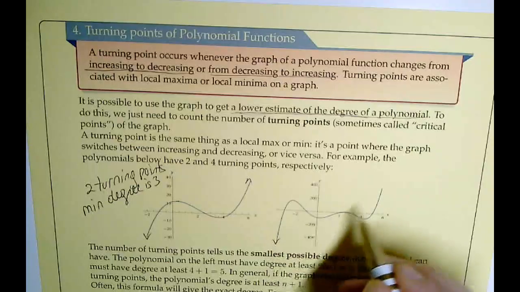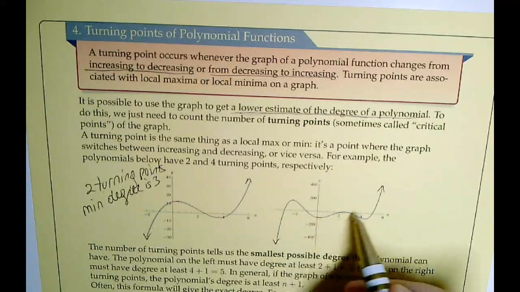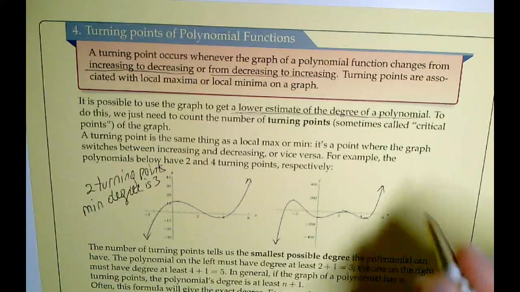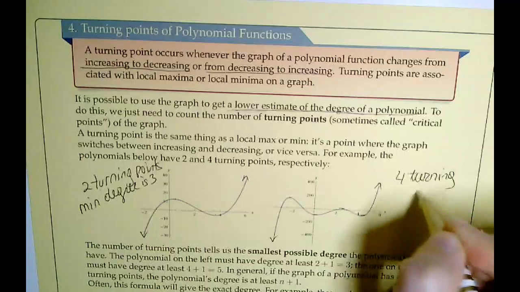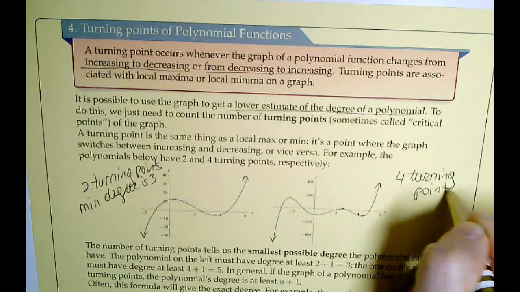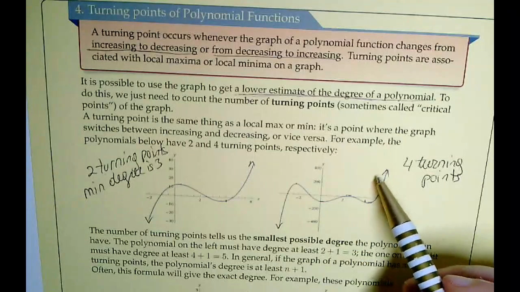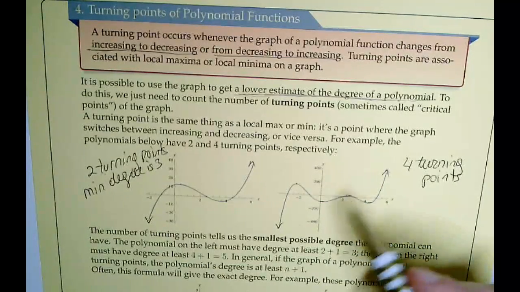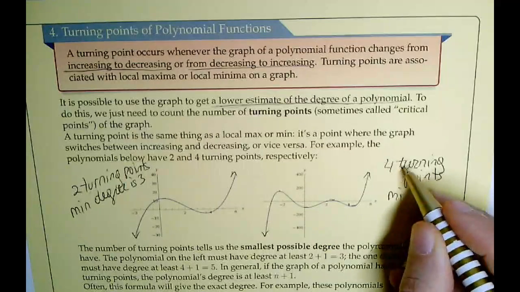Similarly for this one, let's see how many turning points we have. Well, we have a bump right here, and then a bump here, and then a bump here, and then a bump here. So we have 4 turning points. So this means that the minimum degree of this polynomial graphed right here is 5. The number of turning points plus 1.